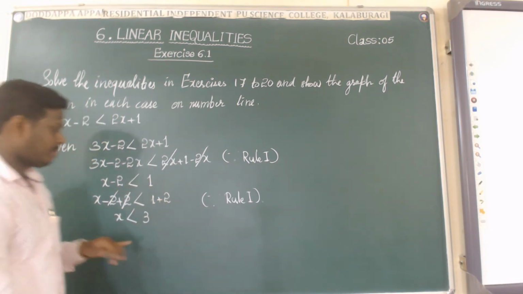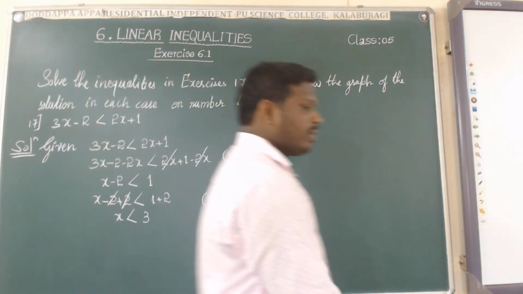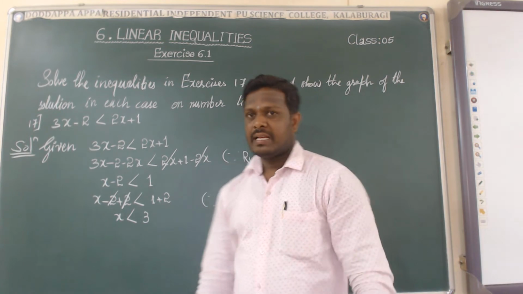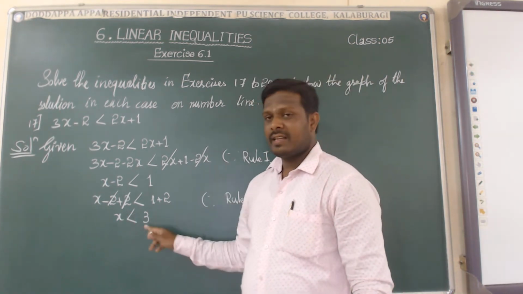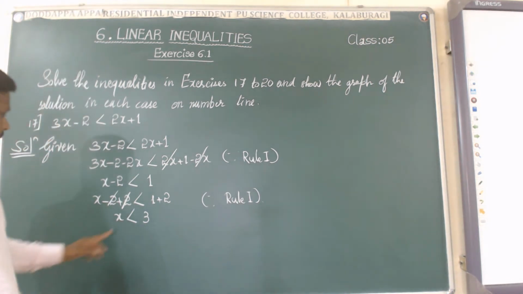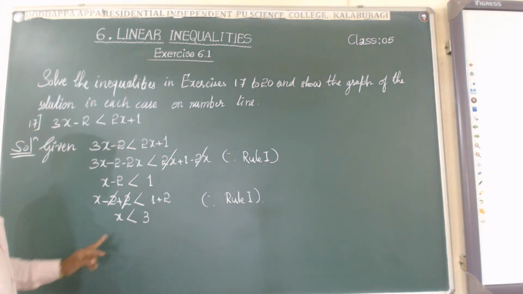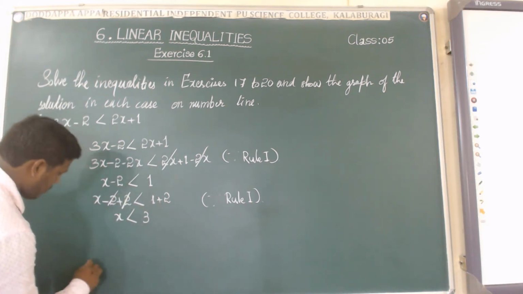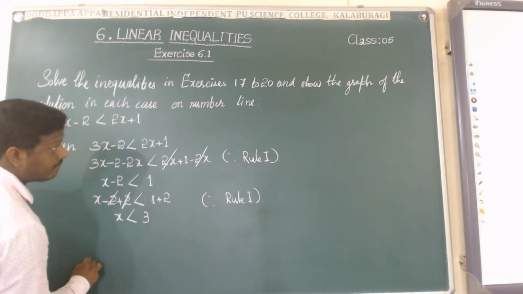How can we represent these x values on the number line? See here, the values of x are on the left side of the number line, since x is less than 3. So I am going to represent these x values on the number line. Draw the number line here.